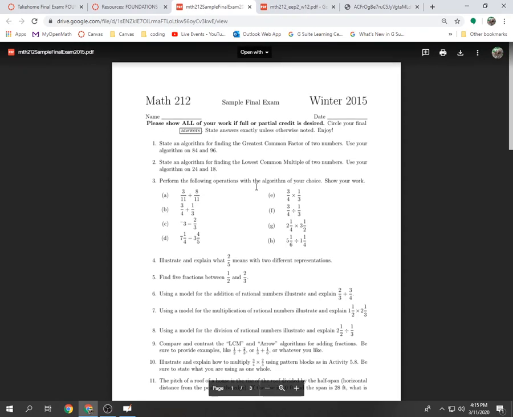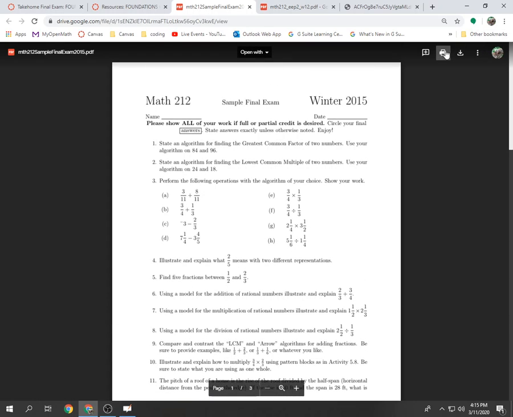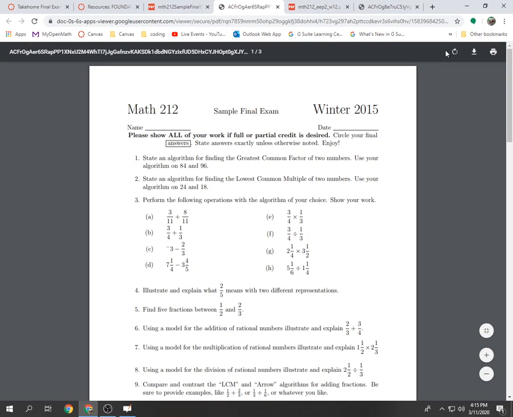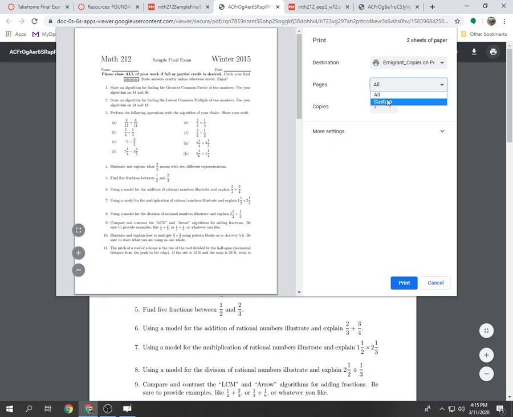Does anybody want a printout of the final from a few years ago? Yes. Anybody not want one? Nobody said not. Okay. Well, that's from winter 2015. That was 5 years ago. Math hasn't changed much.